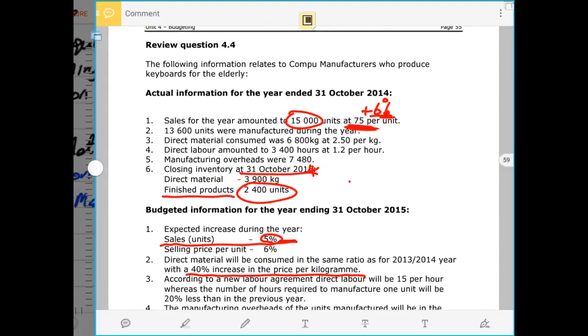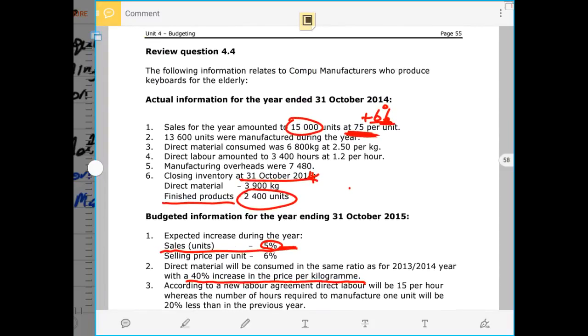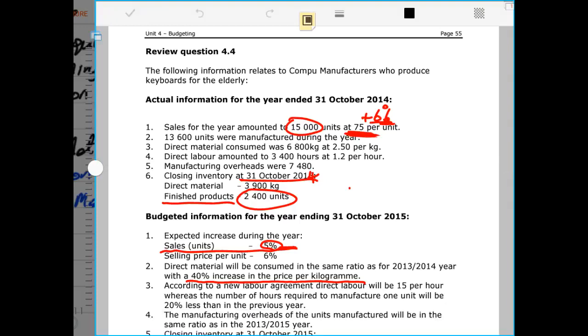We are looking for the kgs of material that are required to produce one unit. And what do we know? We know that in the year 2014, 13,600 units were manufactured.